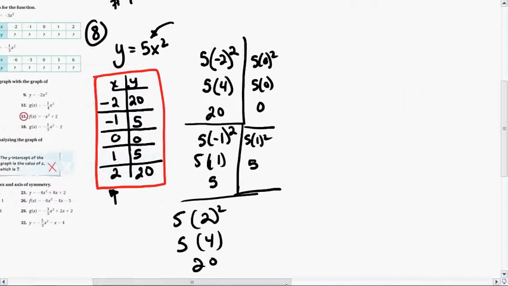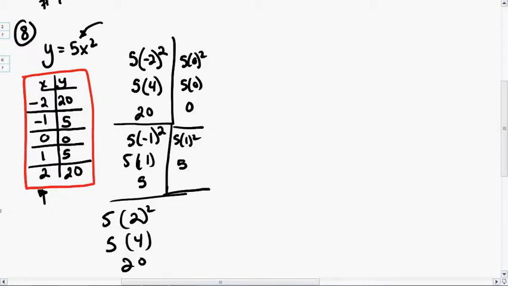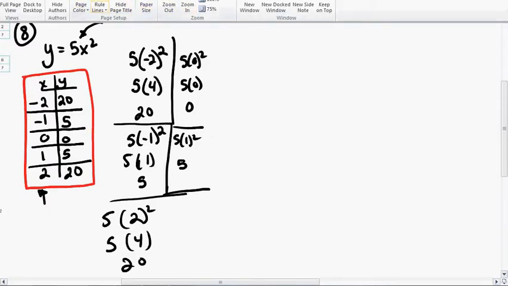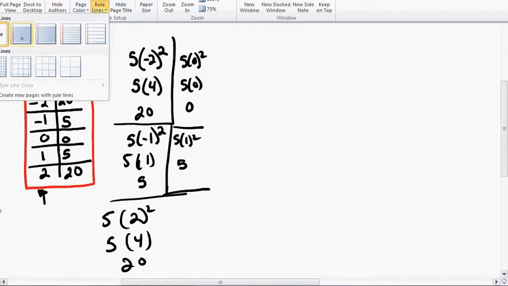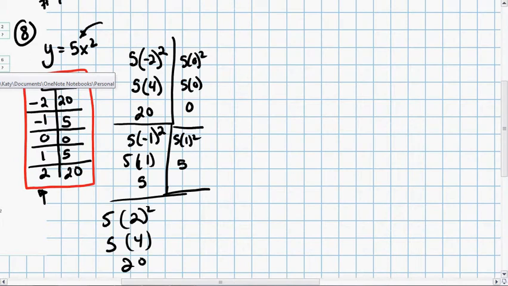So let's get a piece of graph paper up here. All right. So I'm going to make a little XY axis.